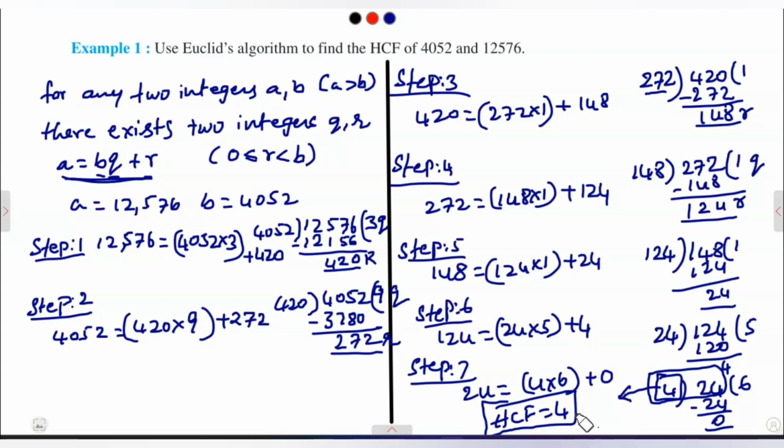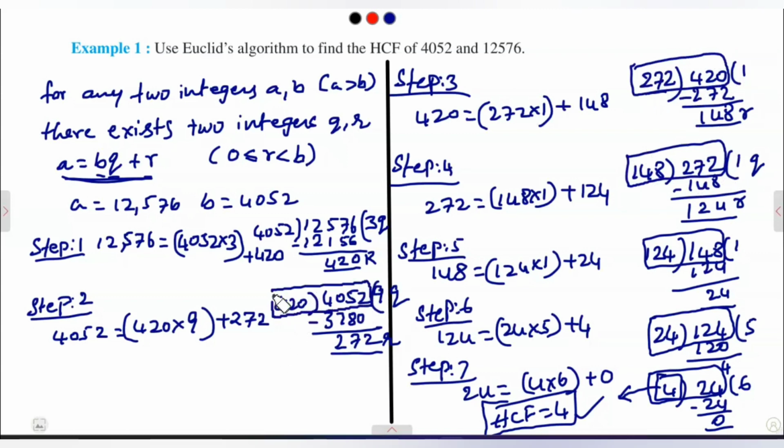Similarly, 4 is the HCF of 24 and 124. HCF of 124 and 148 is also 4. So in every step, whatever numbers we have taken as dividend and divisor, the HCF of every pair of these numbers is 4 only.